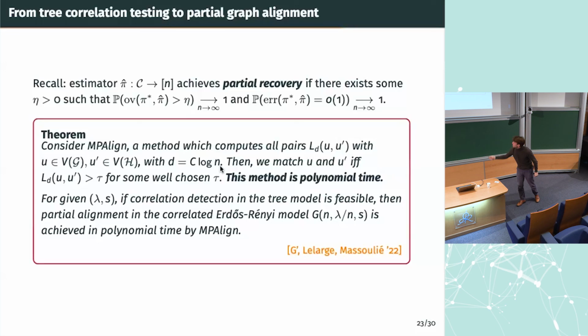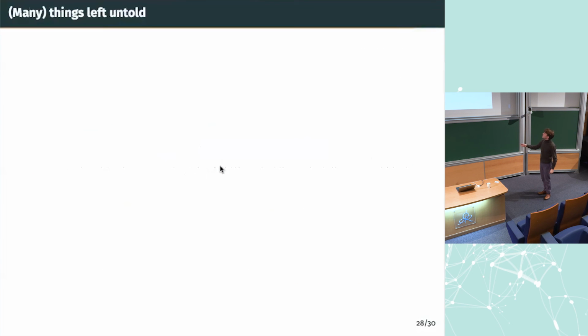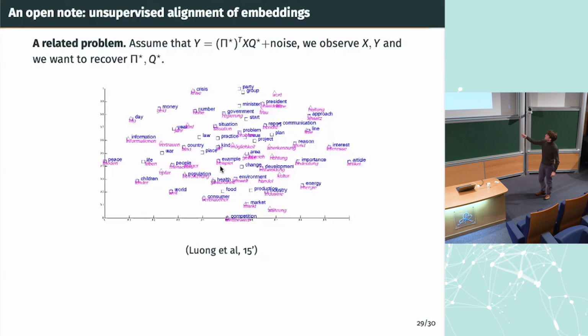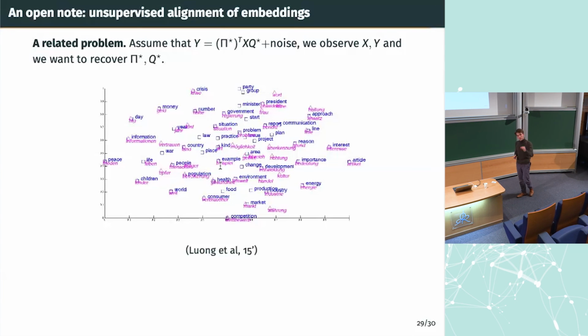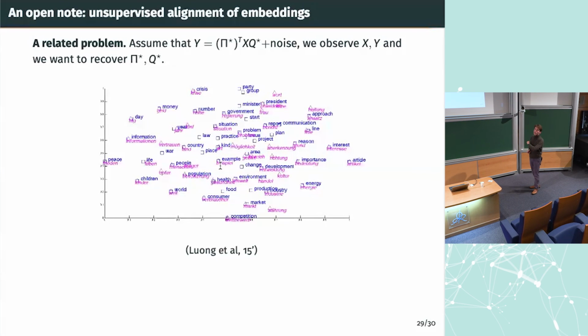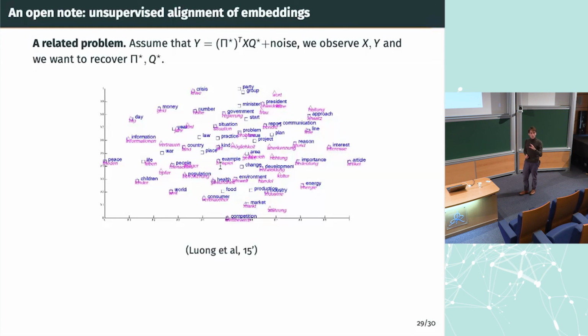The Hungarian algorithm will be very useful in this problem: if I know Q star, the only thing I have to look for is pi star, and finding the best pi star is a linear assignment problem, and the Hungarian algorithm works polynomially, indeed, for the linear assignment problem. The problem is that in graph alignment, as I showed, it's not linear.